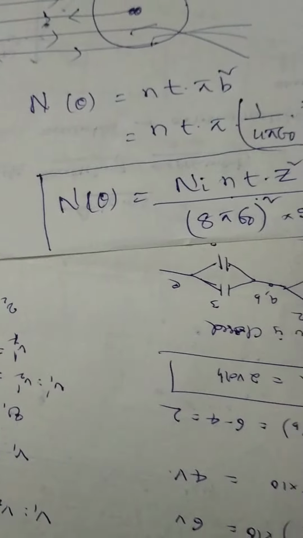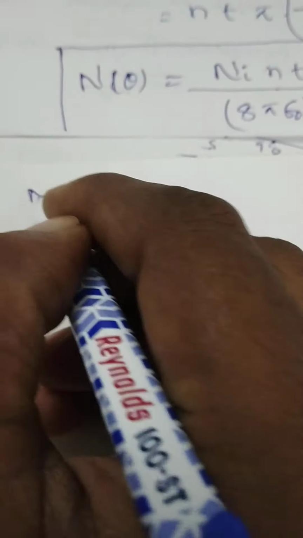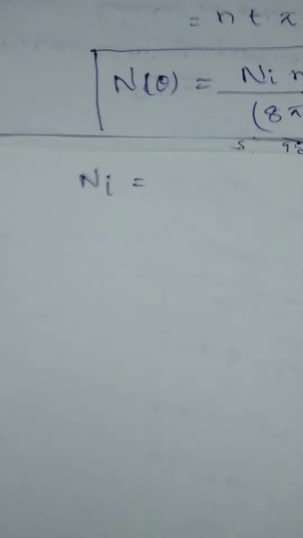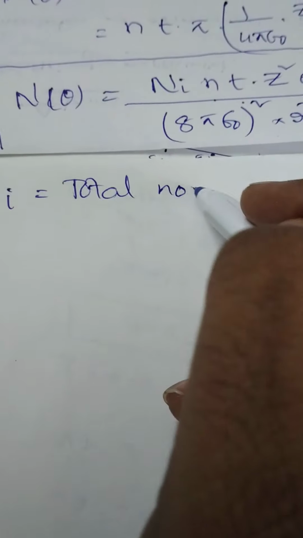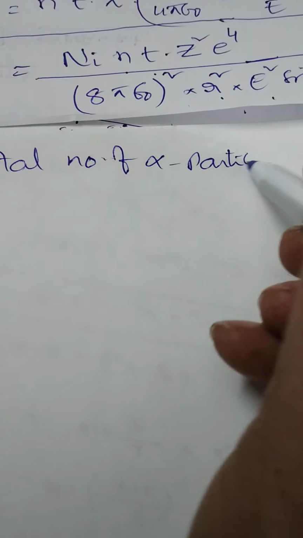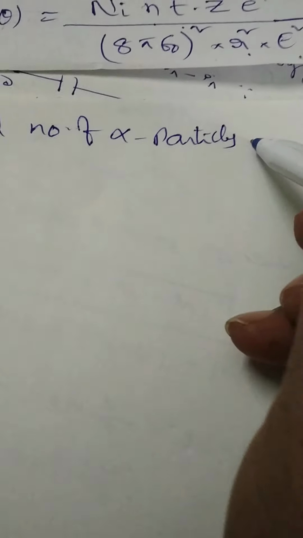Here one by one I will explain each and every term. What is the value of capital Ni? Ni is the total number of alpha particles striking the gold foil.